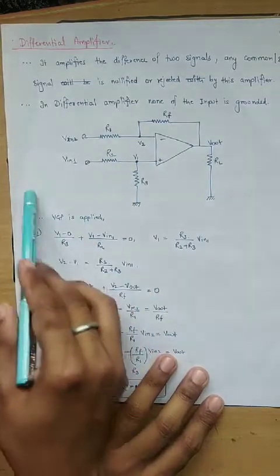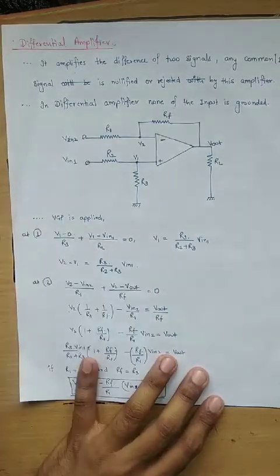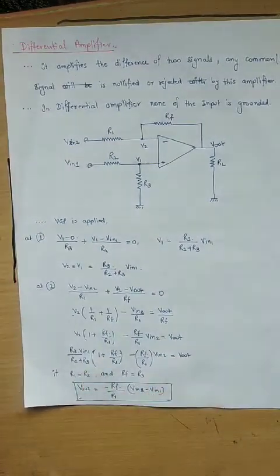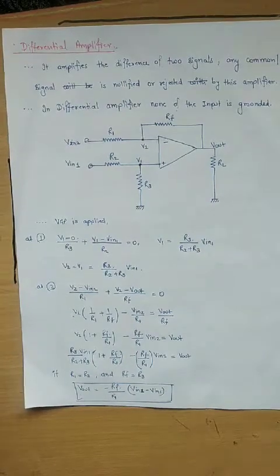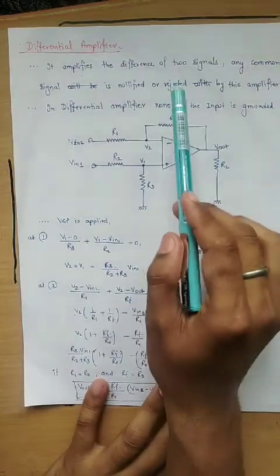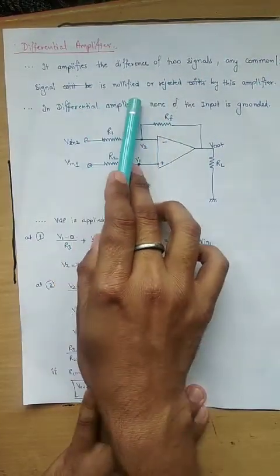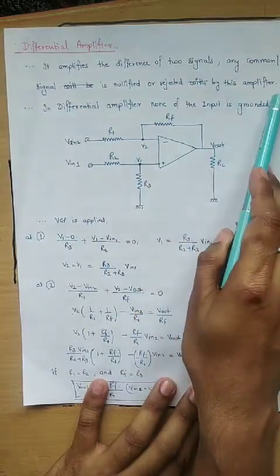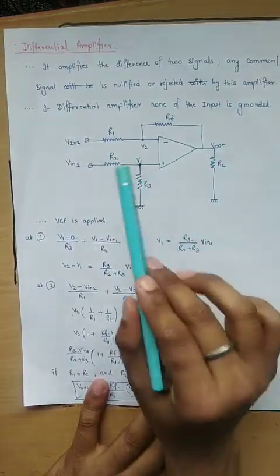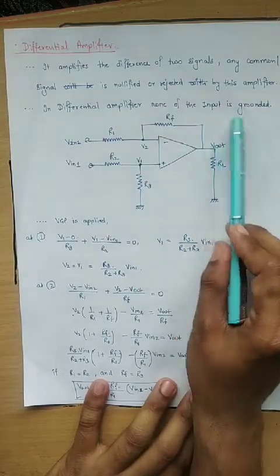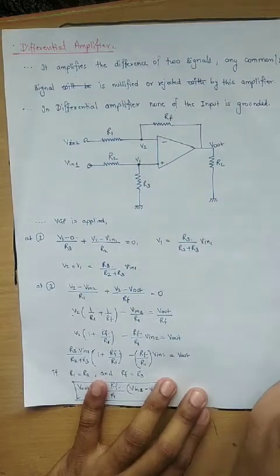If it is incoming, noise will be the same at both the inputs. That is why it is called a differential amplifier. So it amplifies the difference of two signals. Any common or same signal is nullified or rejected by this amplifier. In the differential amplifier, none of the inputs is grounded, as in the subtractor.